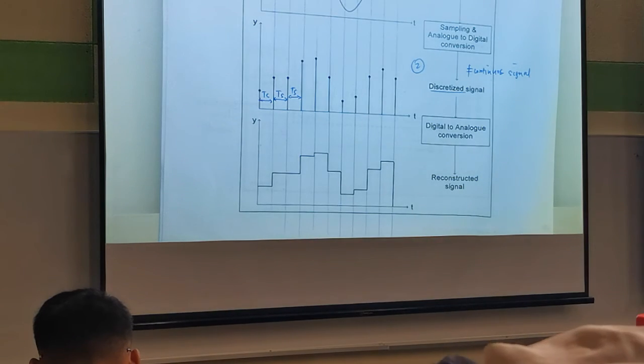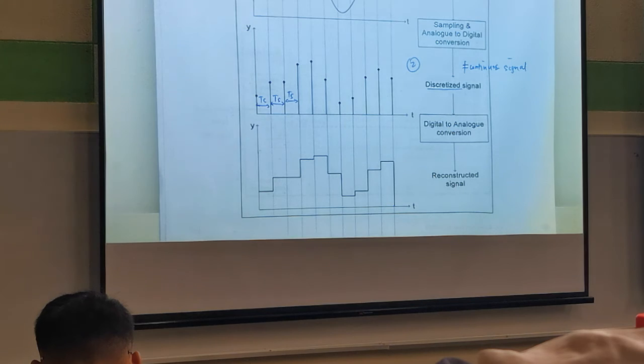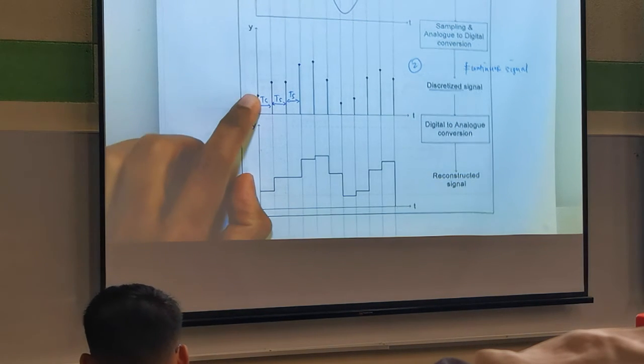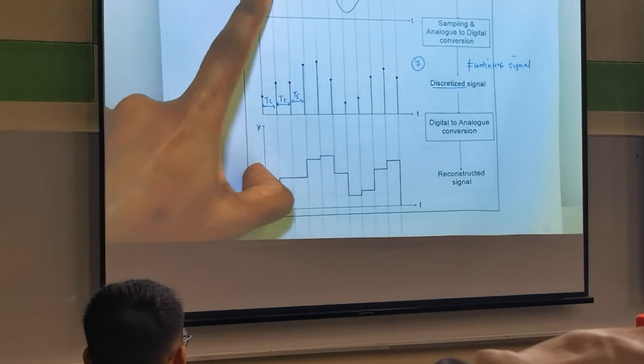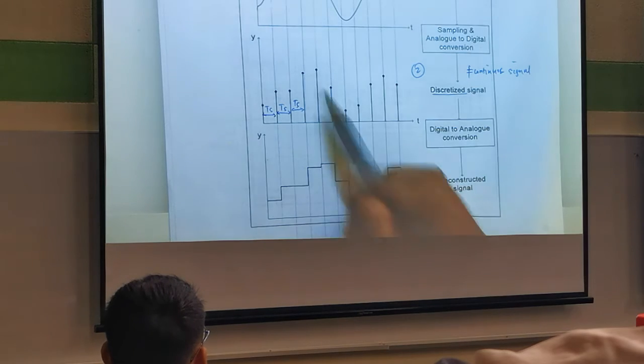What happens is, with the same graph, every TS seconds, that is stipulated, let's say I call it 1 second, every 1 second I'm going to look up the value and record it down as 1 point. After TS I look up again, it's this value, so the point moves up, and so on and so forth.